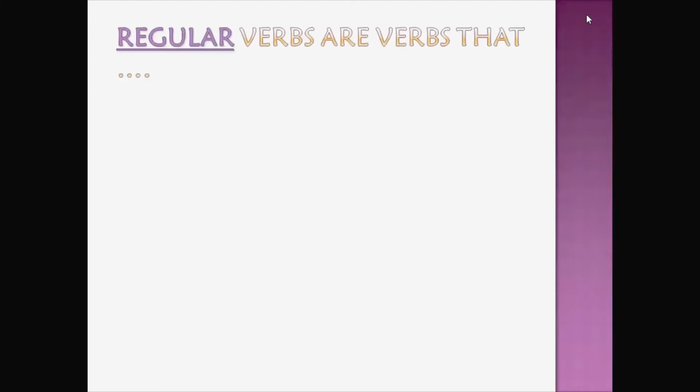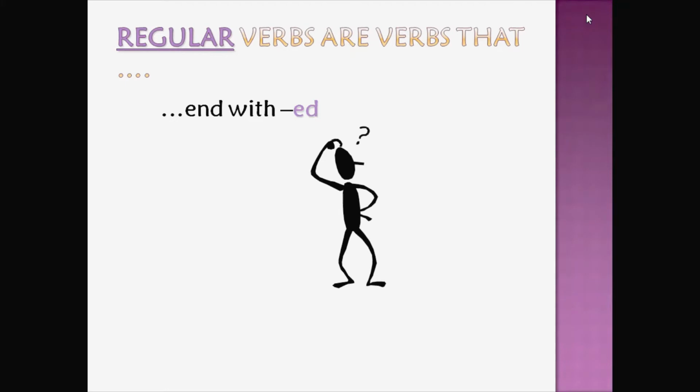The next one: regular verbs are verbs that end with ed. I already told you. Regular verbs are those type of verbs that end with ed. Now don't keep a question mark face like this. Now simple form and the past form. Walk, when we add ed, it becomes walked.